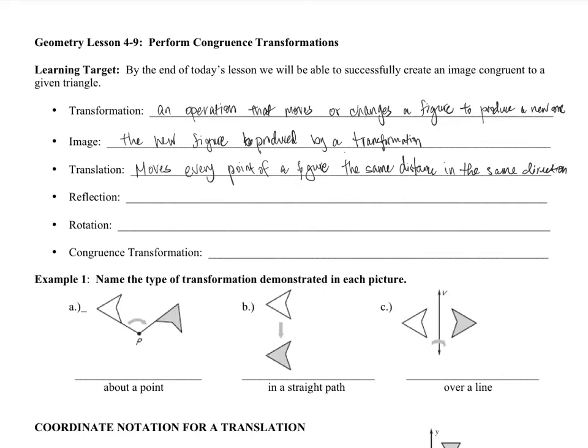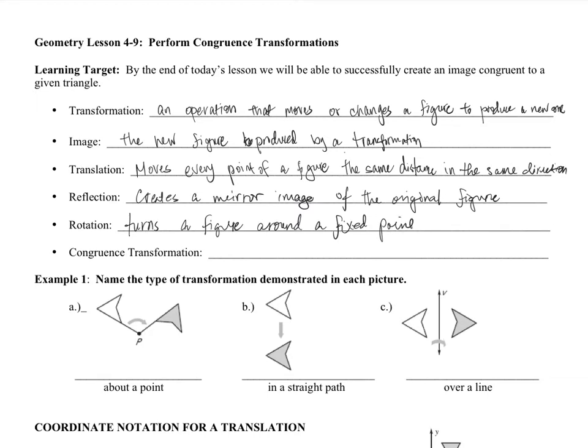And a reflection creates a mirror image of the original figure. And a rotation turns a figure around a fixed point. So we call that the center of rotation.